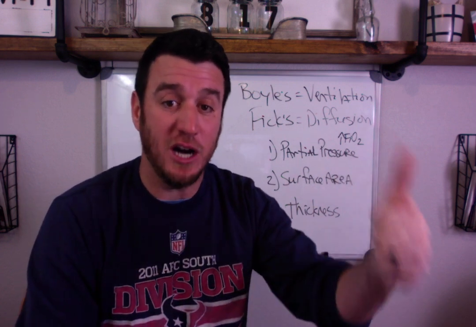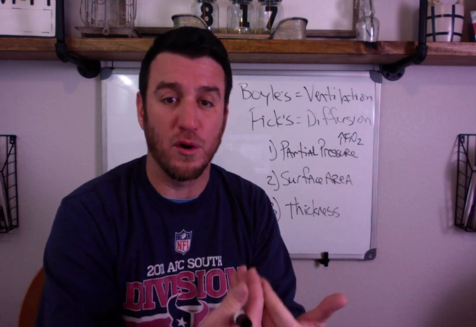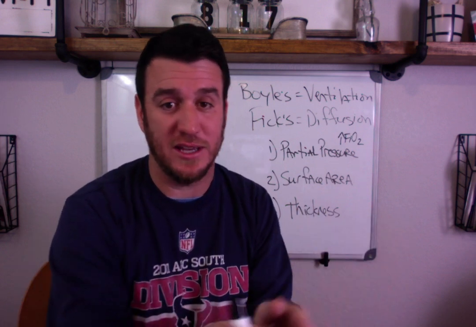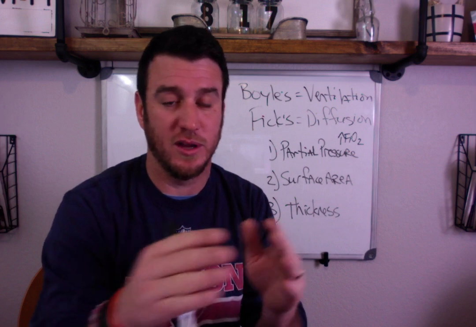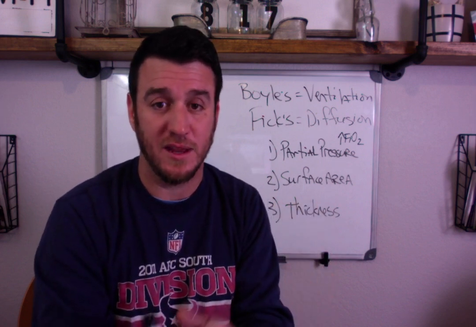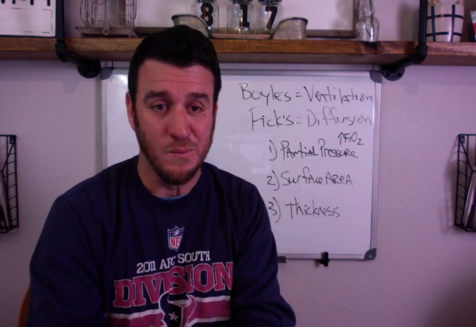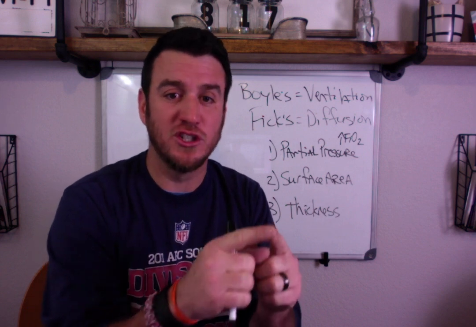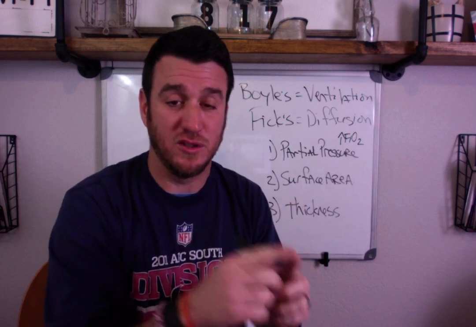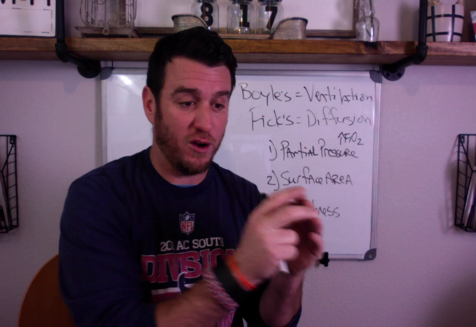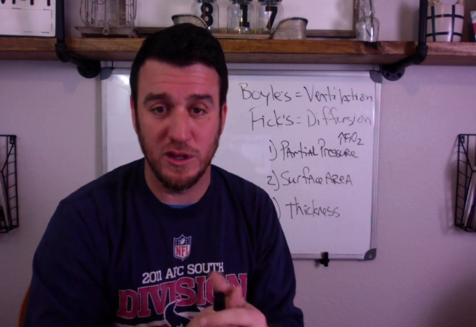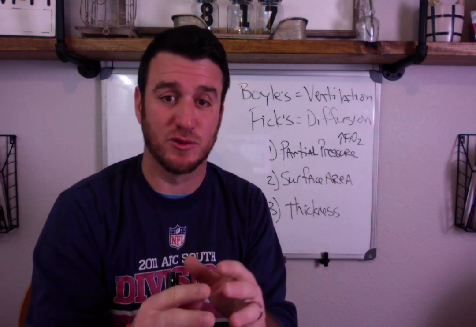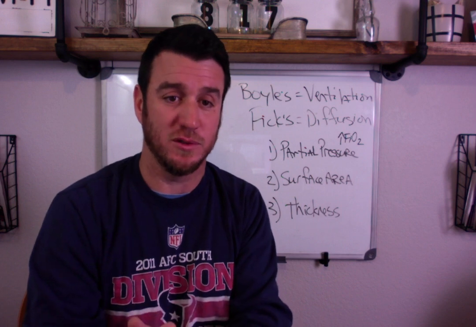If that goes up, then you will have more diffusion of oxygen across the AC membrane, the alveolar capillary membrane. When that happens, you'll result in more oxygen diffused from the alveoli into the arterial blood. And that's true. We're talking normal, healthy individuals, okay?